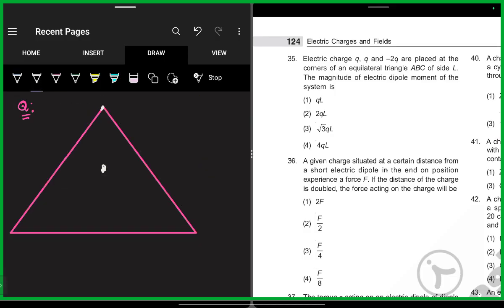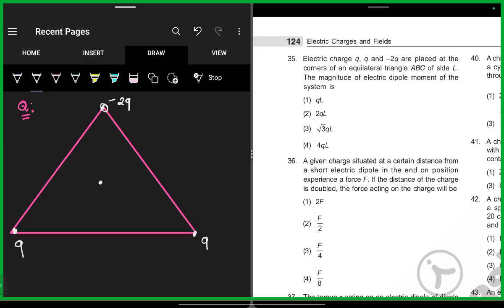Alright, so they gave us an equilateral triangle. Electric charges Q, Q and minus 2Q are placed at the corners of an equilateral triangle ABC of side L. The magnitude of electric dipole moment of the system is, let's say there is Q, and there is minus 2Q, okay?